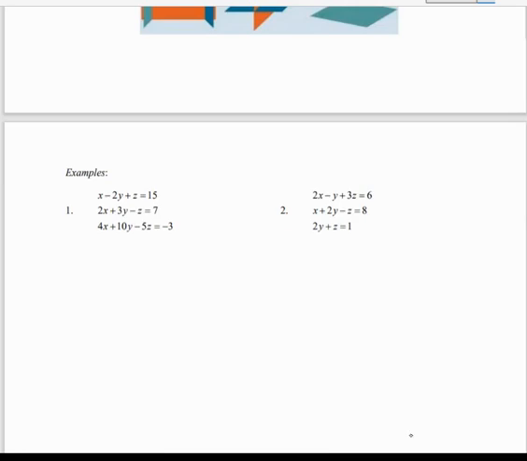The way we're going to solve this is to use elimination and to try to narrow it down to two equations with two variables. Okay, so our goal is to narrow down to two equations with the two same variables.